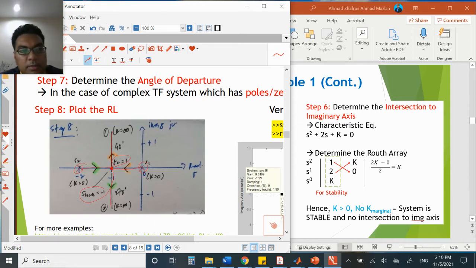For this example, they share the same point for the centroid and the breakaway point. From this pole to the s break at 90 degrees, and the second one from the -2 pole towards the -1 breakaway point at 270 degrees.